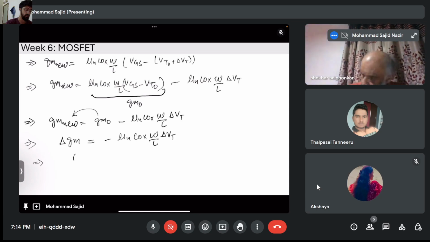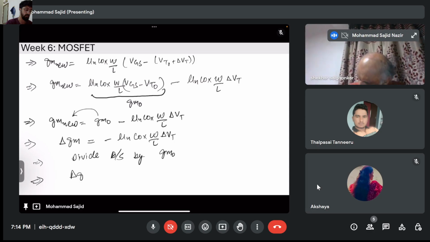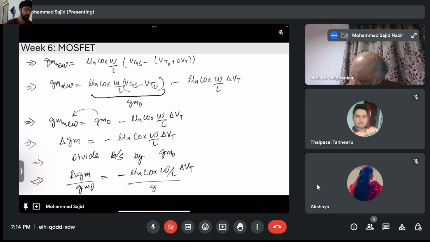Now divide both sides by GM naught. This will give me a relative change in GM. This will be minus mu n C ox W by L delta VT divided by GM naught.